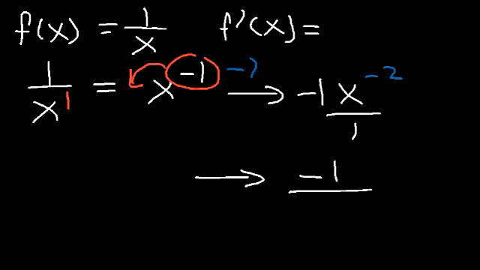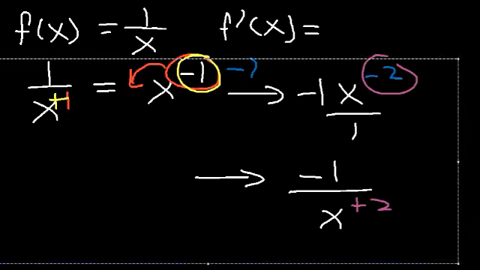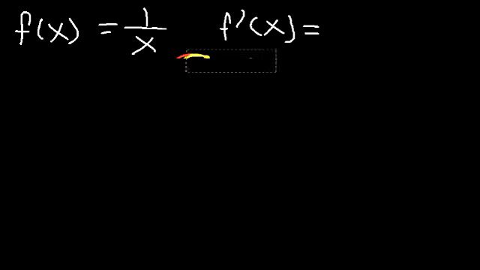It went from positive 1 to negative 1. Now, if we bring x back to the bottom, the sign is going to change again from negative 2 to positive 2. So our final answer should be negative 1 divided by x squared.